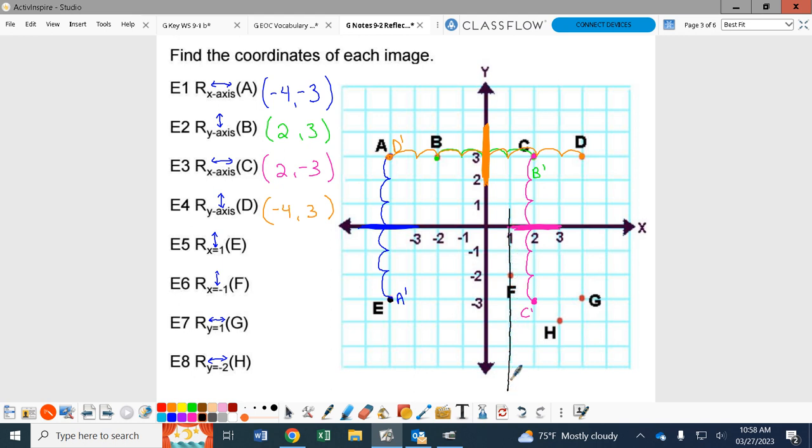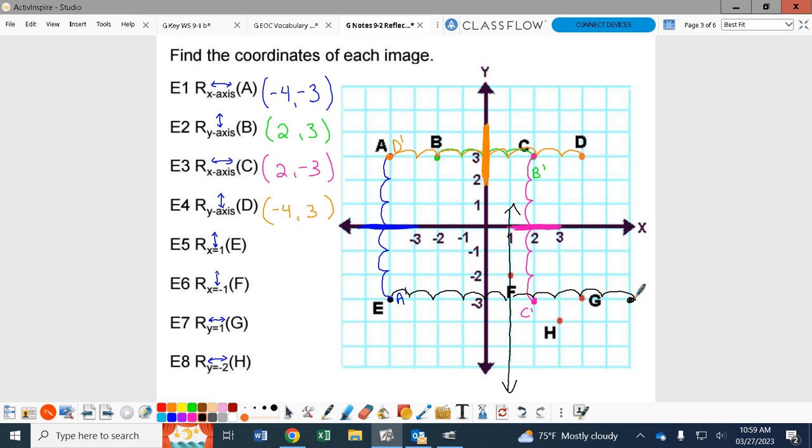This is 1. This is a vertical line at 1. I've got to reflect across this. I've got to see how far away from that line this point is. How many blocks does it take to get from E to this line right here? So I've got to go 5 on the other side.